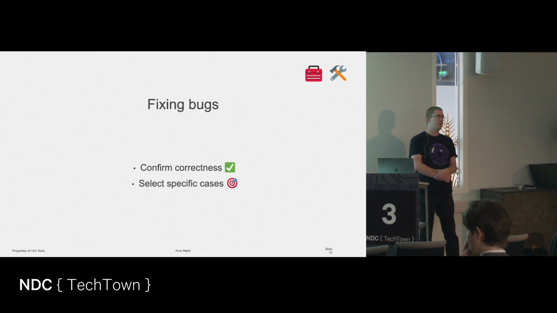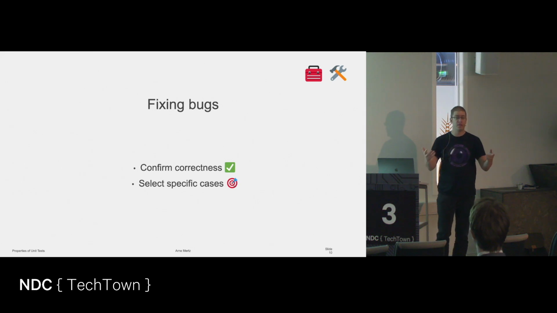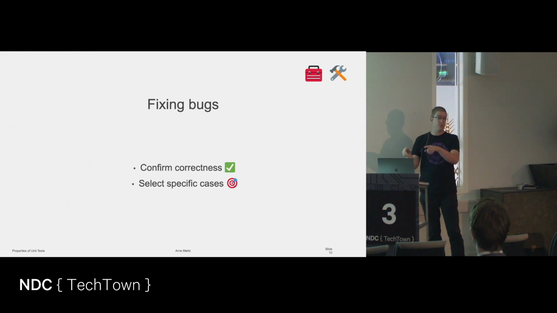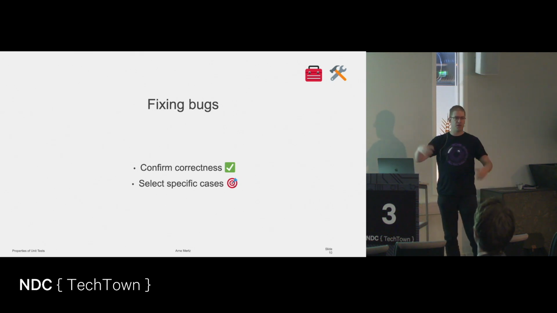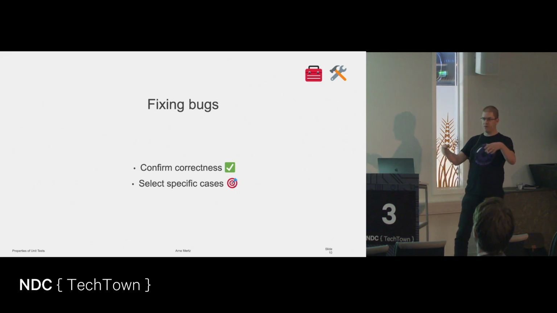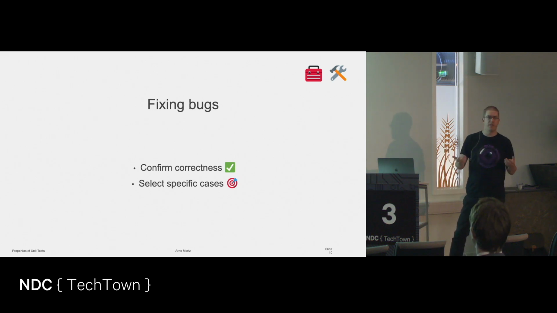When fixing bugs, we use unit tests, because usually we want to know that we actually have fixed the bug. So we first want to write a test that reproduces the bug. Usually we start with a big feature test or something like that, that in the grand scheme of things reproduces the bug, but we try to nail it down to that single unit, or to the two or three units that play together, where the actual wrong behavior is hidden.